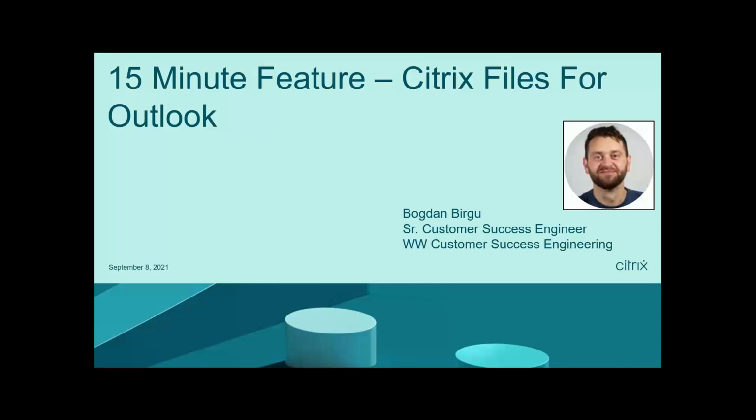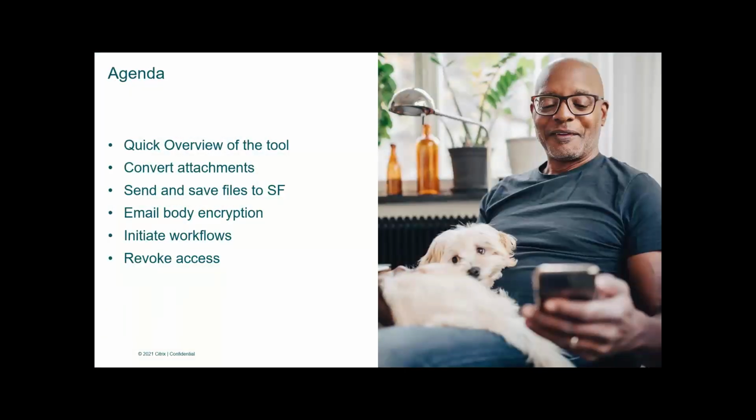To begin with, let's have a quick look at the agenda. At the beginning, I'll give you a quick overview of the tool. Then we'll focus on the main features, such as how to convert attachments within Outlook, how to send and save files to the ShareFile storage, how to encrypt email bodies, securely send encrypted emails, initiate workflows, and revoke access.